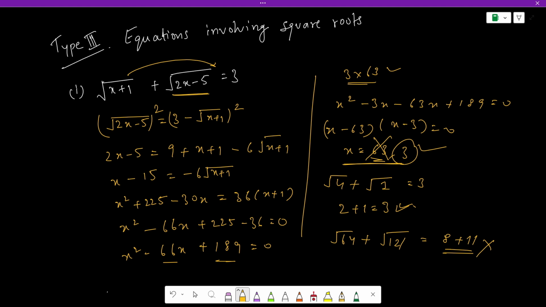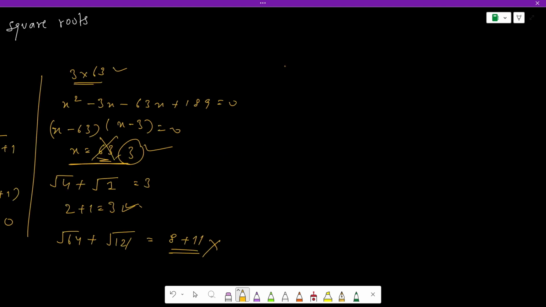Now why do we get extraneous roots? Let me tell you with an example. Let's say we have an equation x plus 2 equals 4. If we square both sides, what we get is x plus 2 squared equals 16. But we can get this equation by one more way.